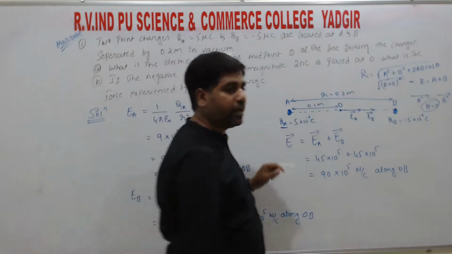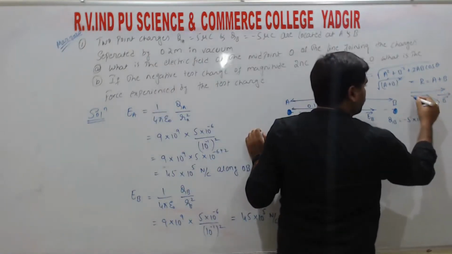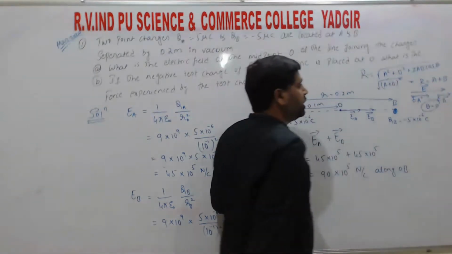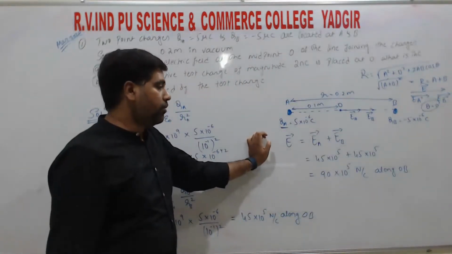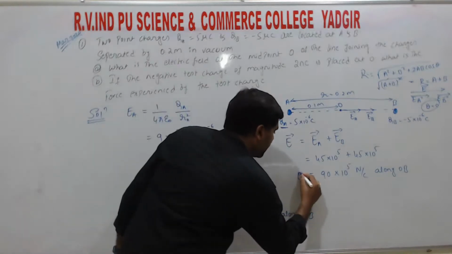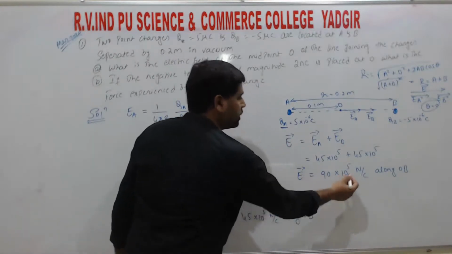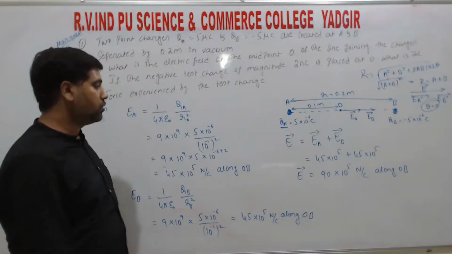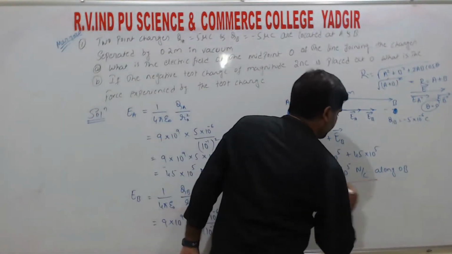So the resultant will be in the same direction. If it is EA, EB, then the resultant E is equal to EA plus EB. This gives the electric field E, that is 90 into 10 to the power of 5 Newton per Coulomb. So this is the answer for A.